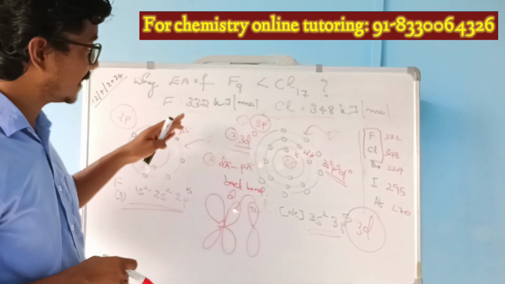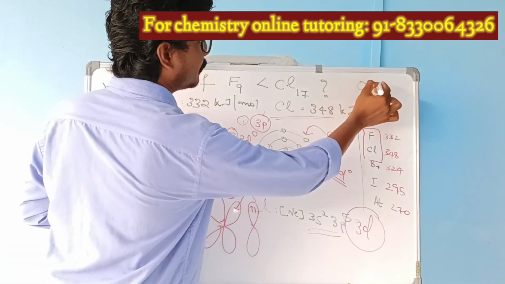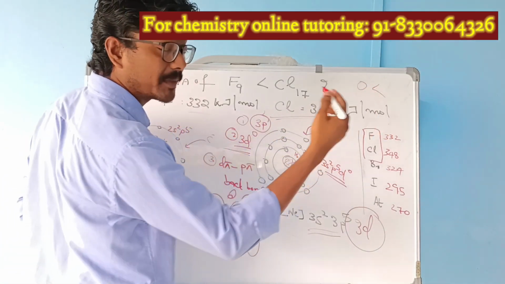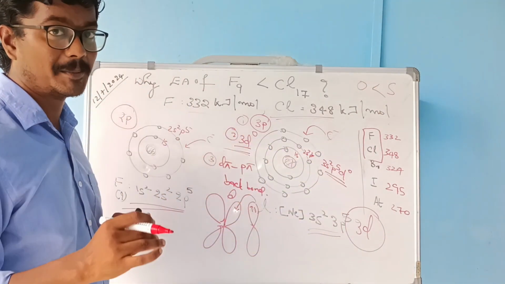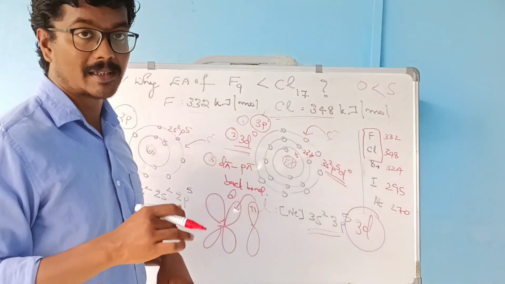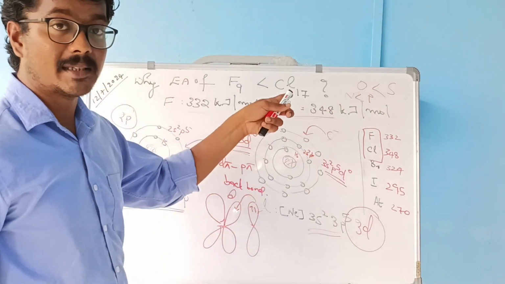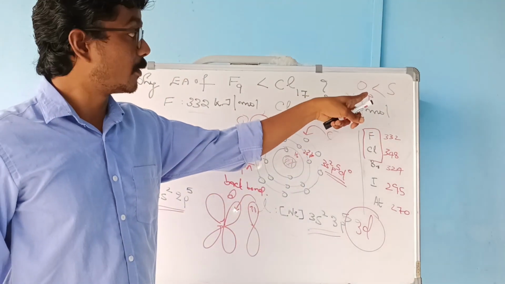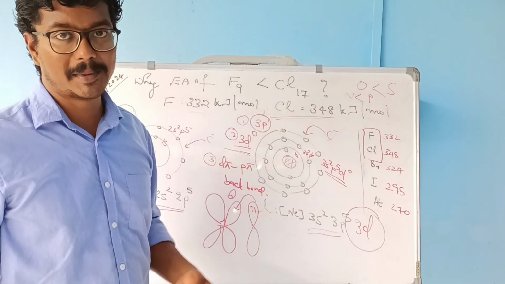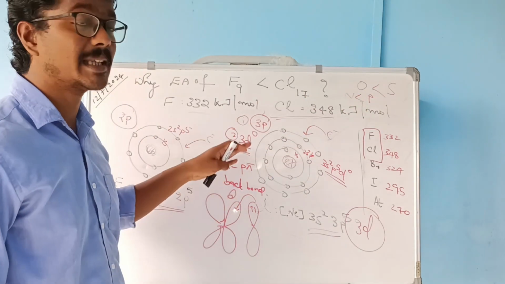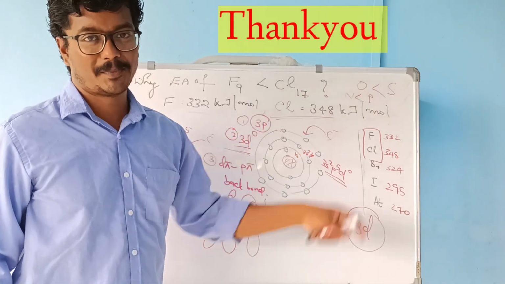Similarly in the case of oxygen, why does oxygen possess much less electron affinity than sulfur? Because sulfur also belongs to the third period. This is also the reason. And nitrogen is very much less than that of phosphorus. Nitrogen is approximately zero. Phosphorus belongs to the third period, so the vacant d orbital is there. The same reason can be given to explain these cases also. Okay, thank you.